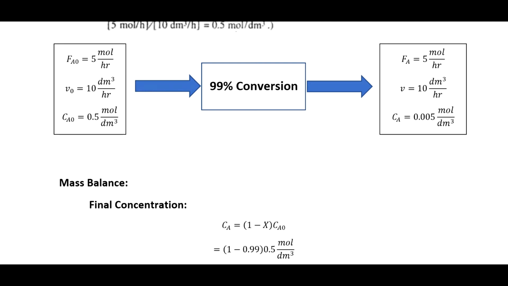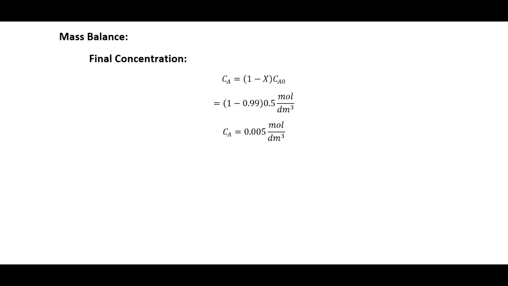As I mentioned previously, we were missing one piece of information, and that is the final concentration of A. To find it, we use the extent of reaction variable x, which we are given in the problem statement to be 0.99. Once we plug it into this function, C sub A is equal to (1 minus x) C sub A initial, we get the answer of 0.005 moles per decameter cubed, which we will now insert into the diagram to solve future problems.